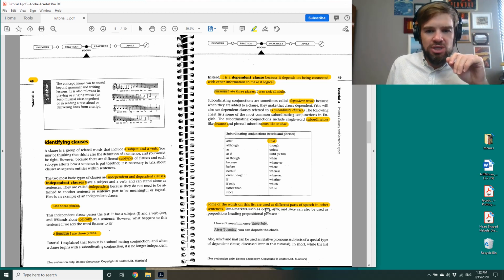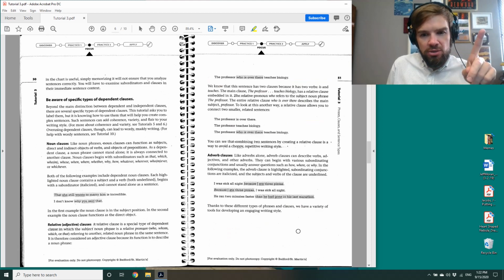So time markers such as before, after, and since can also be used as prepositions, heading prepositional phrases. So, I haven't seen him once since July. There's the noun phrase. After Tuesday, noun phrase, you can deposit the check. Also, which and that can be used as relative pronouns, subjects of a special type of dependent clause discussed later in this tutorial.